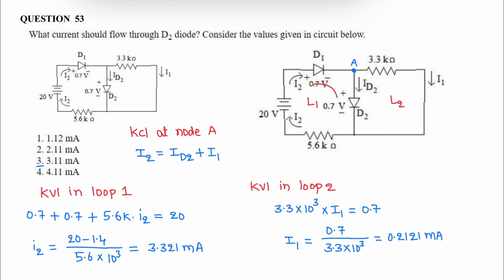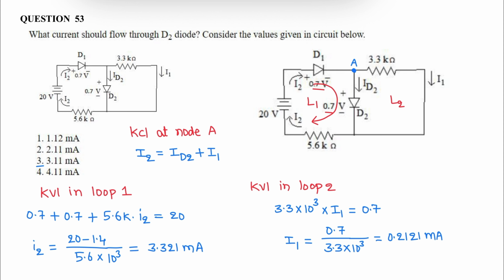Apply KVL in loop 1. So that is 0.7 volts plus 0.7 volts plus 5.6 kilo ohms into the current flowing through this 5.6 kilo ohm, which is I2, is equal to 20 volts, which is the source voltage.